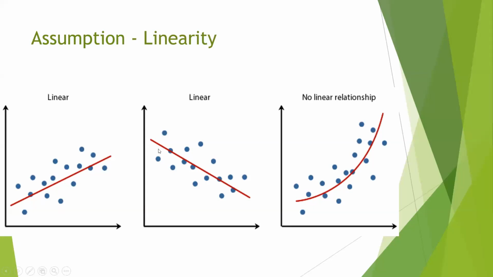The second graph shows a negative association. But the third one says there is not at all a linear relationship. In that case, you cannot apply linear regression. Instead, you have to apply non-linear regression: curvilinear, polynomial, different kinds.